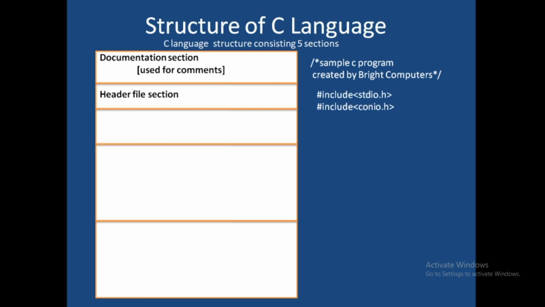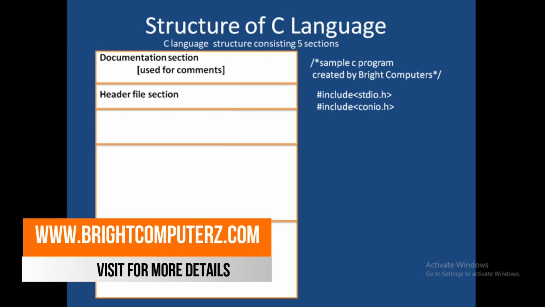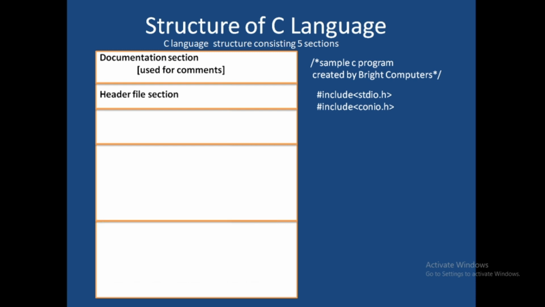Here we see the hash symbol, the preprocessor, then the word include and the less than symbol. We have to mention the library name, that is the file name, stdio.h. H stands for header file, and stdio is standard input output. We have many header files.